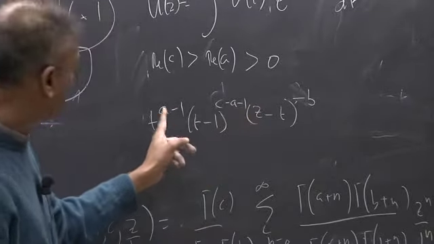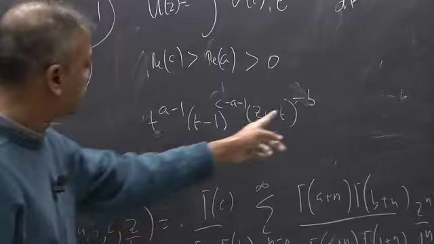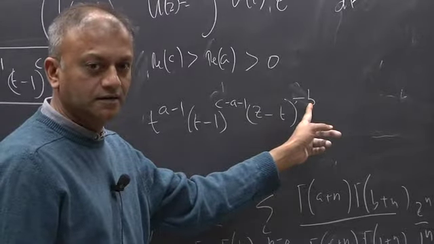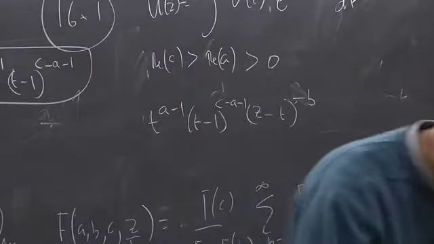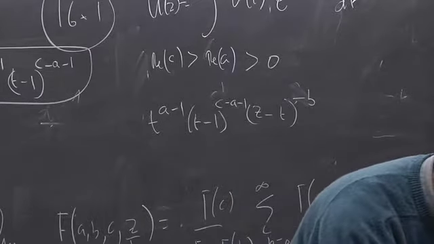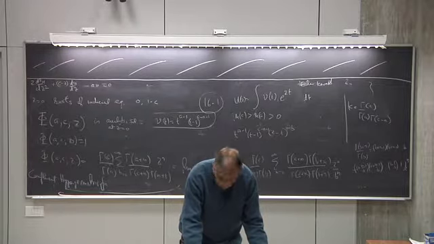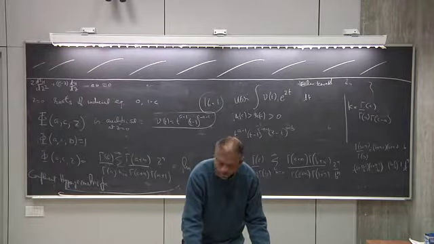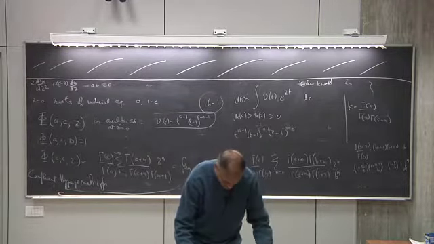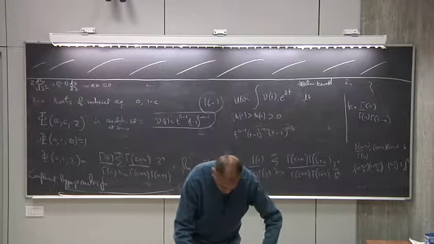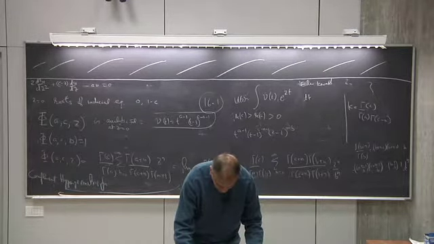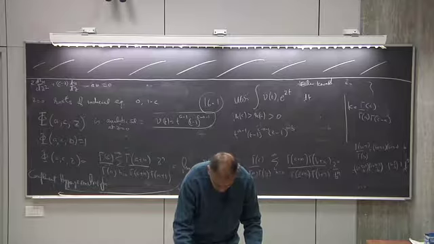Is that what you get? Before we chose this to be a, or did we choose b? I don't remember what we chose. Yeah, indeed, if you exchange a and b, it should be this.